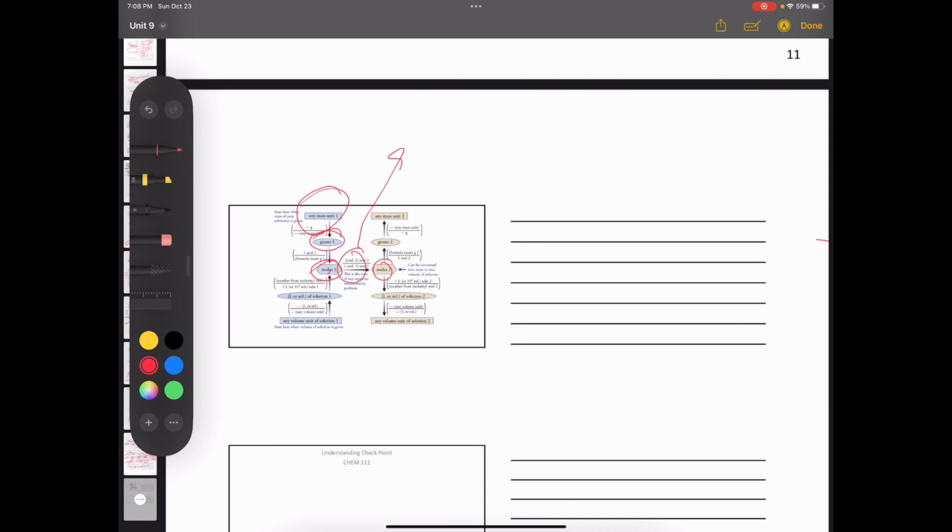This one here comes from the balanced chemical equation. Once you convert to moles of substance 2, now we'll have to convert to the desired unit. So either you go to the mass using the molar mass, or you go to volume using molarity. Okay? And this one is using the molar mass.